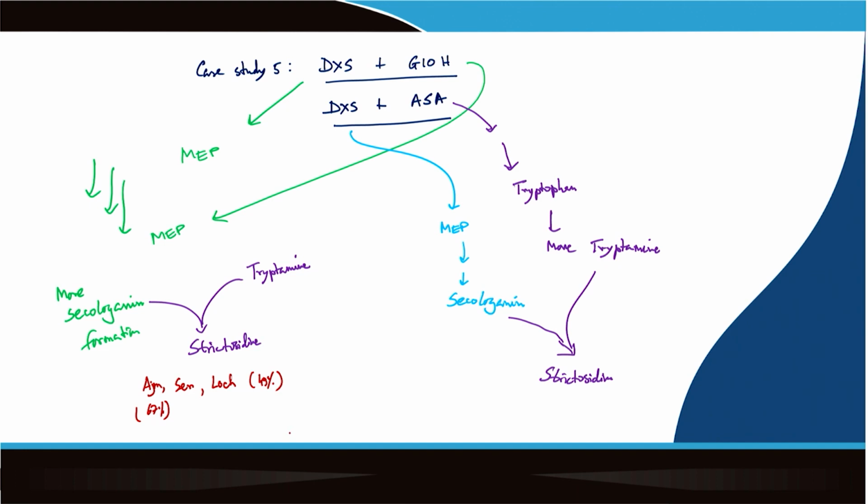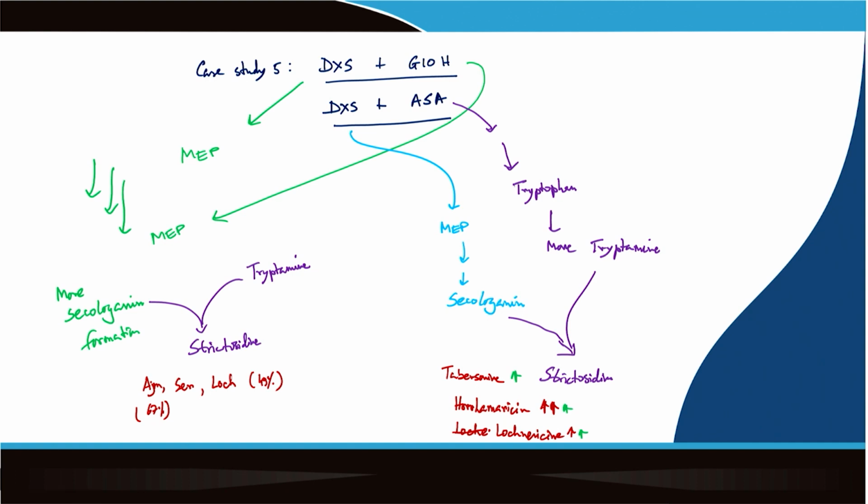Likewise, when DXS and ASA were overexpressed, that displayed an increase of hörhammericine, lochnericine and also tabersonine.